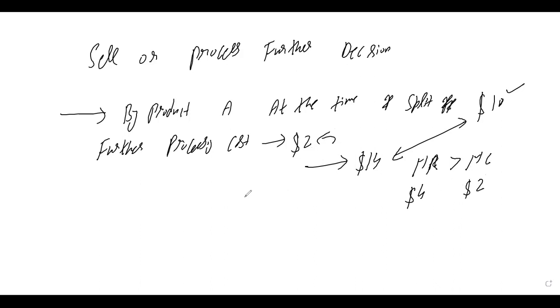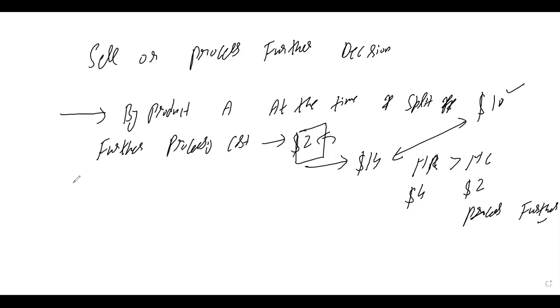Whenever marginal revenue is greater than marginal cost, we should process further. Here, by spending $2, you were able to add a $4 benefit for the company. This is the criteria we follow whenever we have to decide. Even for normal joint products as well, we follow this criteria to decide whether to sell it right now or process it further.